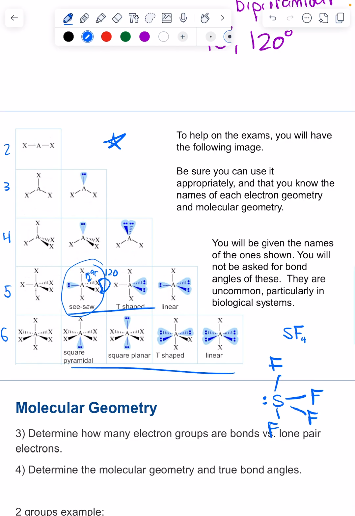So if I asked you the bond angles, the true bond angles, you would say they're less than 90 and less than 120.